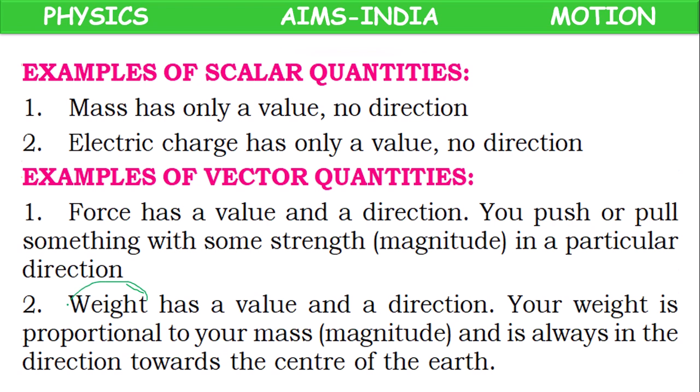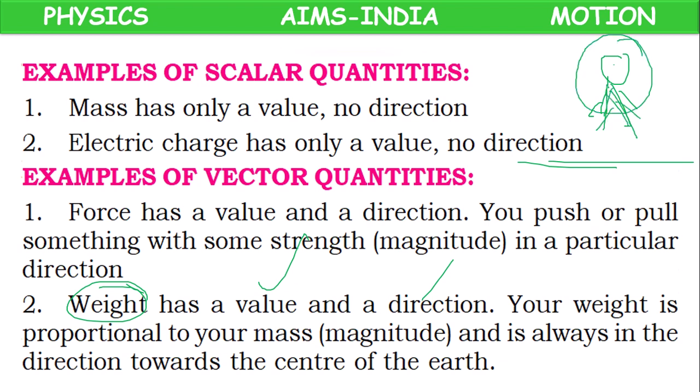Or weight. Weight also has both value and direction. Any object on the earth has weight. Our body has weight because of the earth's gravity, because of the earth's attraction force. The earth's attraction force acts on our body in the downward direction.